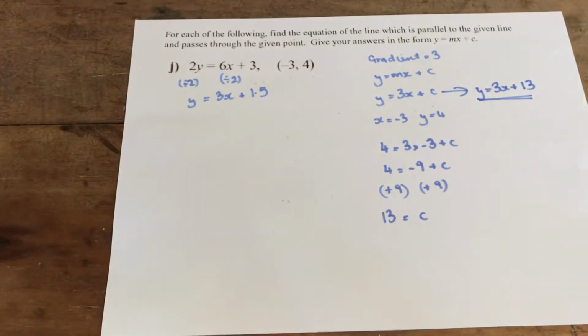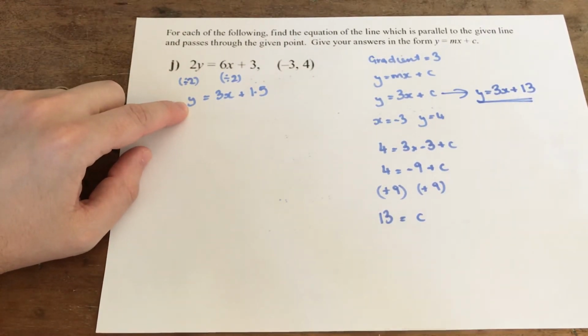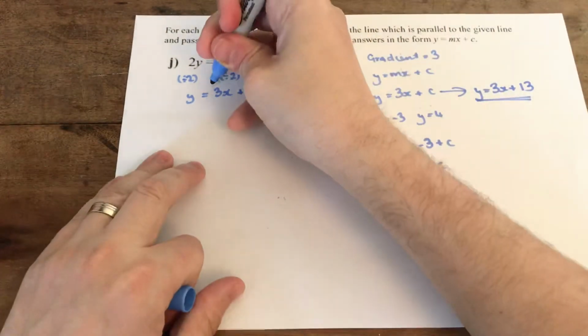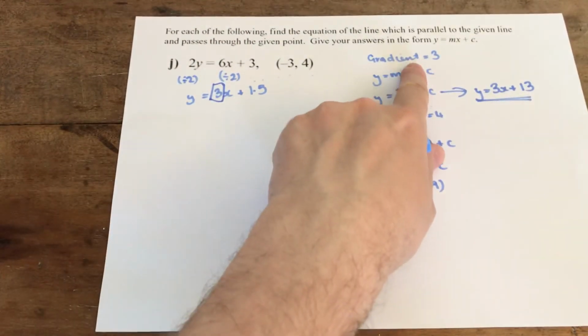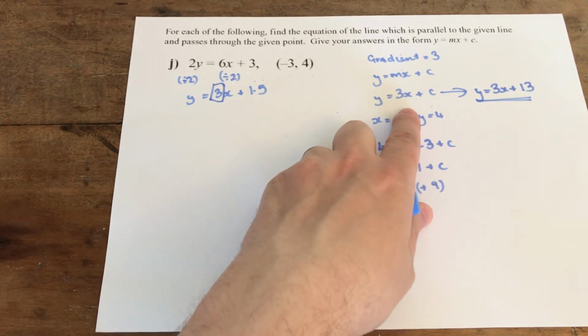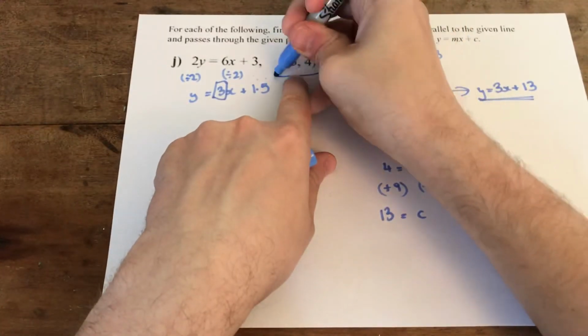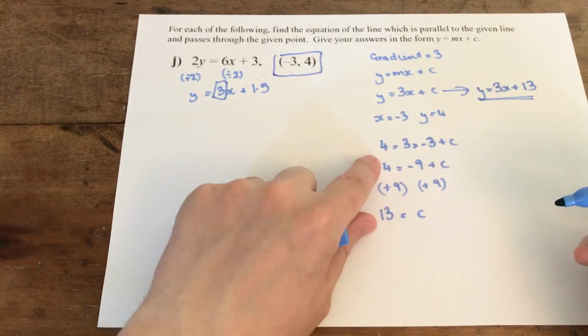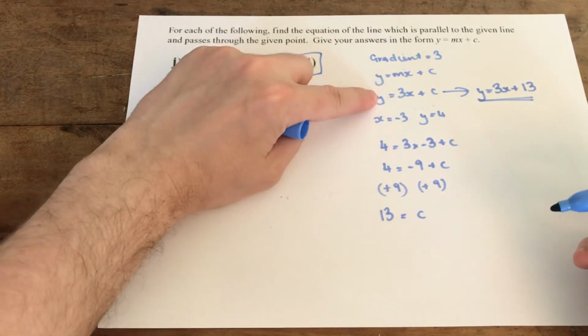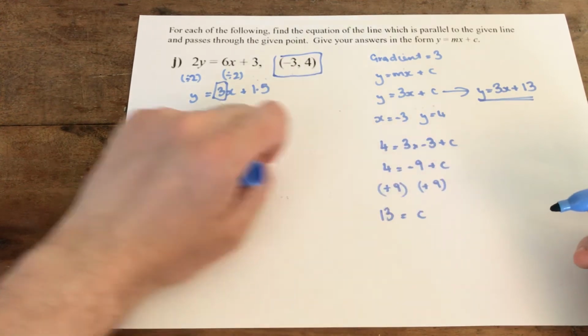So for this, I'll just quickly talk you through what I've done again. I divided by 2 because we always have to have our equation in the form y equals for us to identify the gradient. I identified that the gradient was 3 and I substituted this into y equals mx plus c and got y equals 3x plus c. I then took my point, which was minus 3, 4, substituted these coordinates into this equation here, and I got 4 equals 3 times minus 3 plus c.